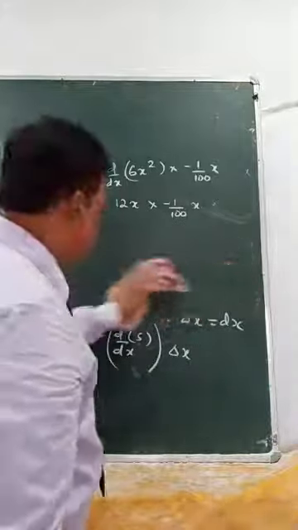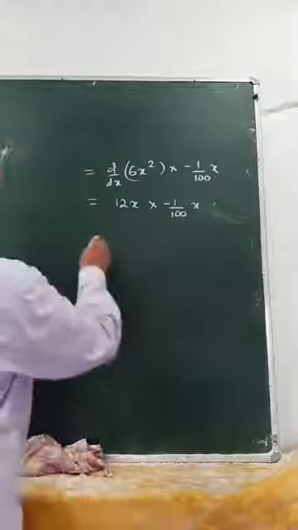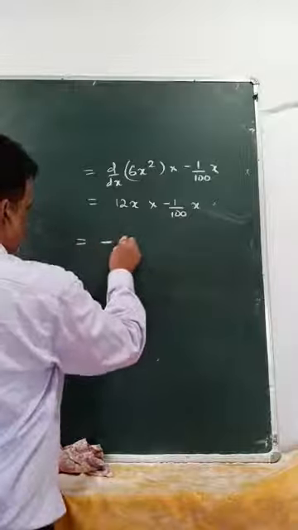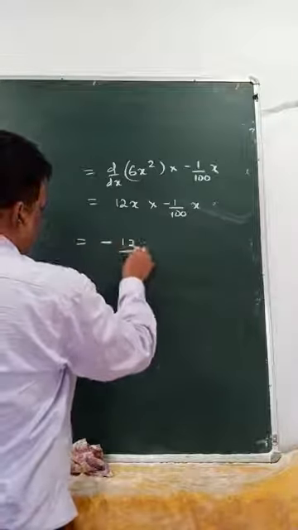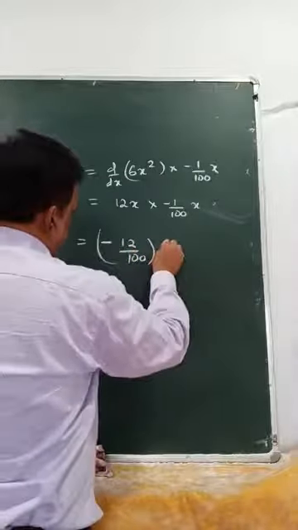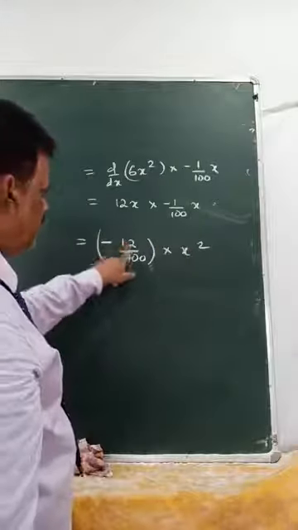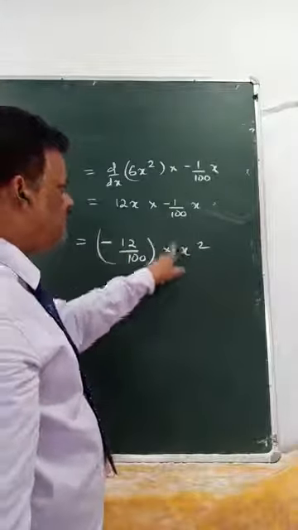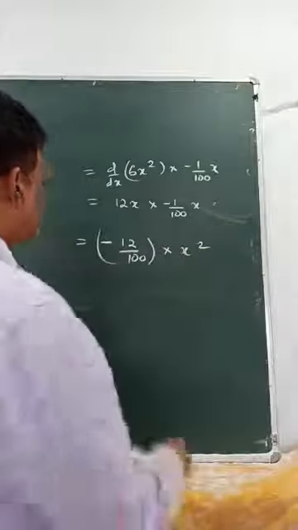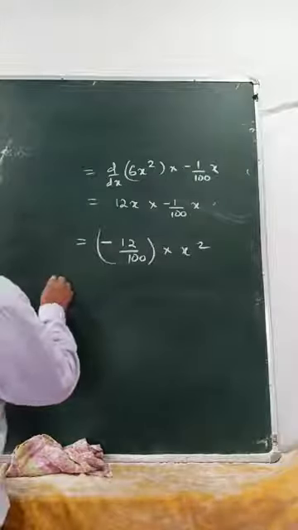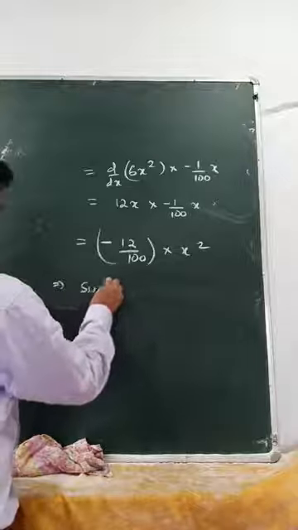So that is minus 12 by 100 of x square. 12 by 100 of x square means area, so that is surface area.